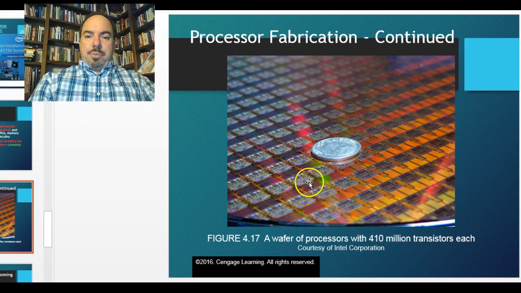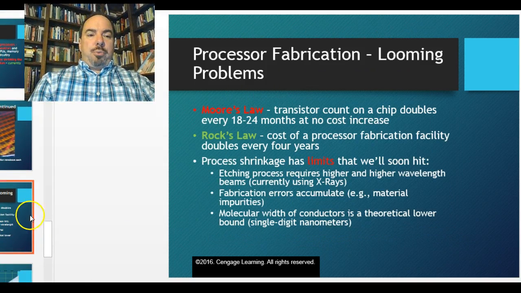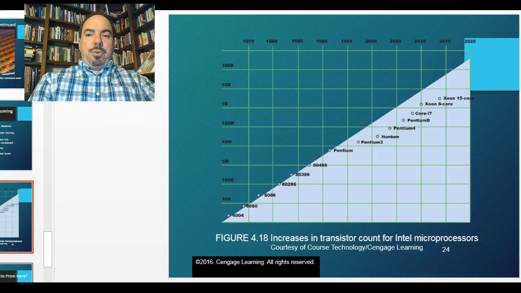A wafer, one of these little squares here, a wafer of processors with 410 million transistors, i.e. switches, on each one, but we're quickly getting to the point where we can't make them any smaller. We've gone about as far as we can go in terms of increasing the number of transistors.